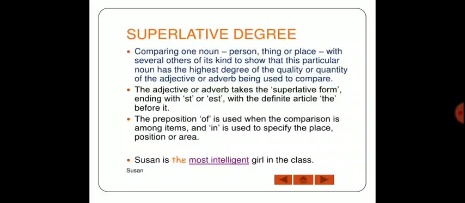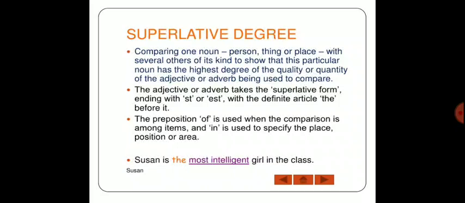So here the one person is the greatest among all. This comparison is used to compare one person, animal or thing with more than two persons, animals or things, the rest of the group, and to say that the particular one has the highest degree of that quality.